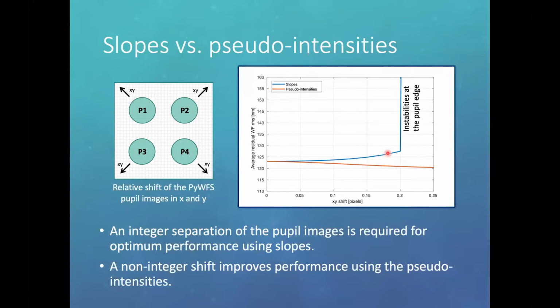But you can still see that the performance does degrade, compared to the pseudo intensities, unless you have an integer number of pixels separating the pupil images. And actually what you see here is exactly what Carlos was talking about, the super resolution effect that you have when you have the pupils shifted with respect to each other, and you use the pseudo intensity method.